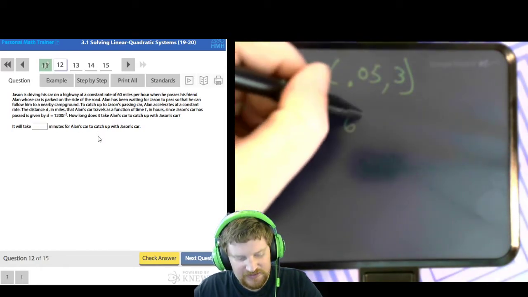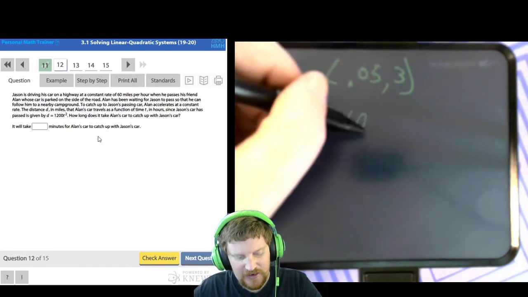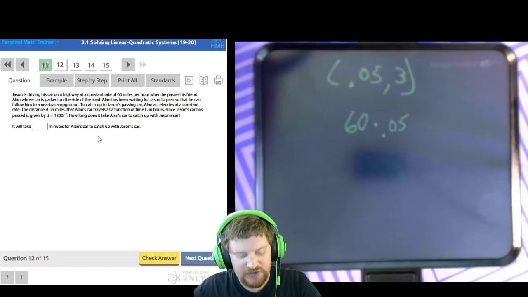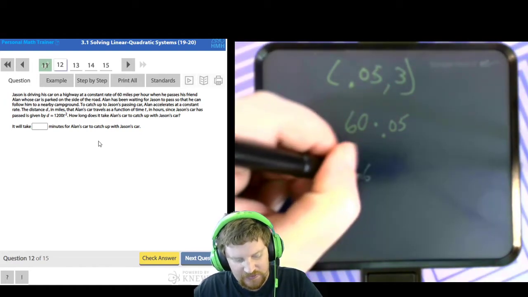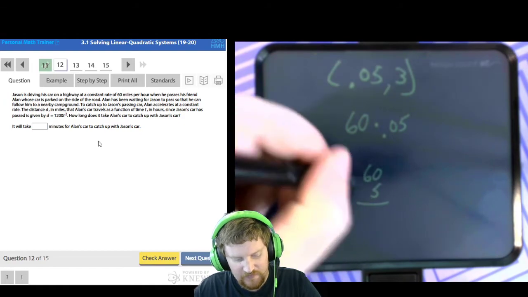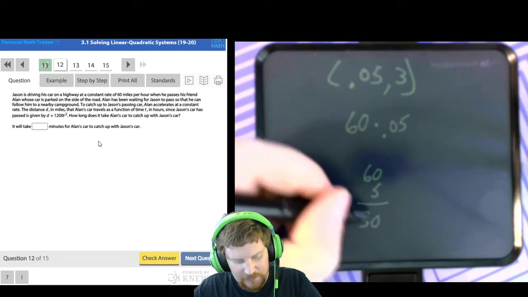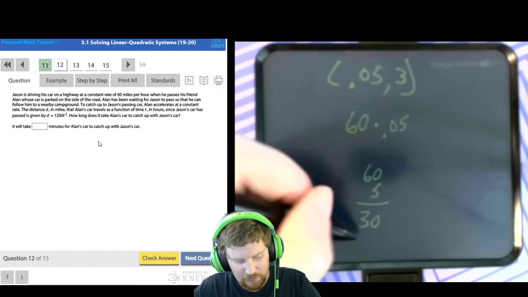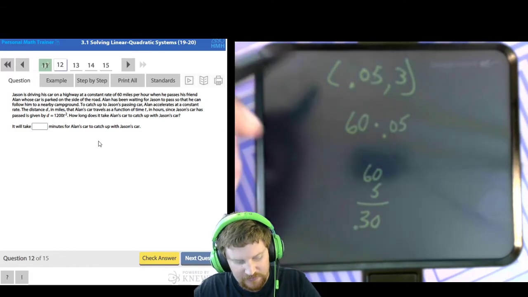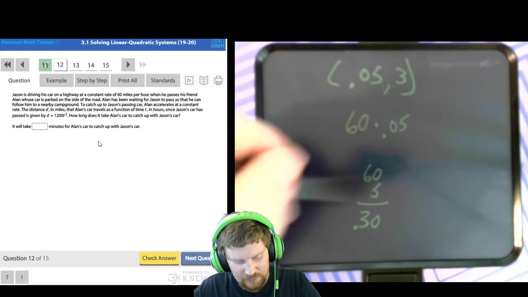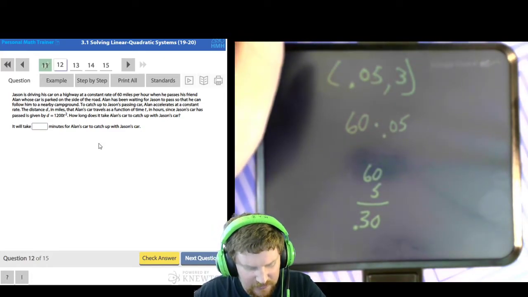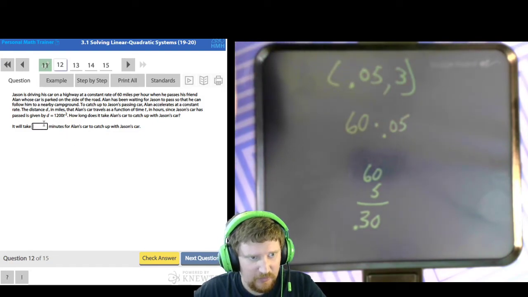And 60 minutes in an hour times 0.05 portions of an hour, well, 60 times 5 is 30, but we have 2 decimal places. That doesn't make sense, does it? 0.3 minutes?